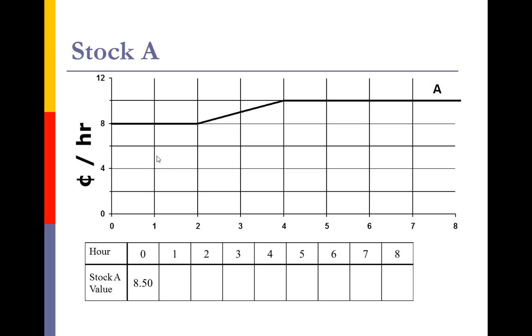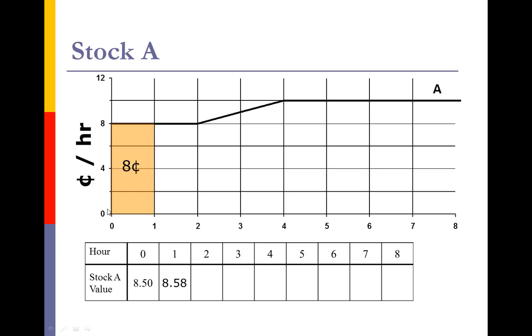I've got an instantaneous rate of change of stock A. What we have is the cents per hour, so that's where my rate of change is looking at. We're starting at time 0 with the stock value at 8.50. So after the first hour, what has happened to the value of our stock? Basically, it's been a consistent 8 cents increase per hour for that first hour.